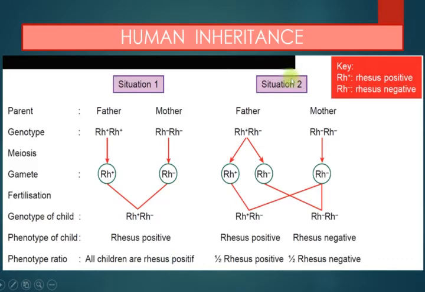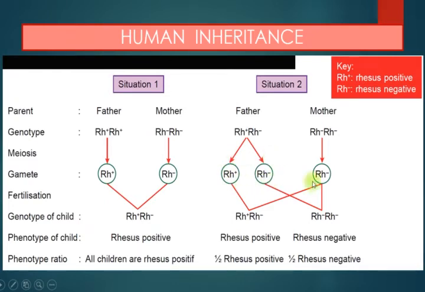In situation 2, the father is rhesus positive, but the genotype is Rh positive Rh negative, which is heterozygous, but the phenotype is still rhesus positive, and the mother is rhesus negative. During the formation of the gamete, meiosis occurs, and the father will produce gametes with the Rh positive allele and the Rh negative allele.